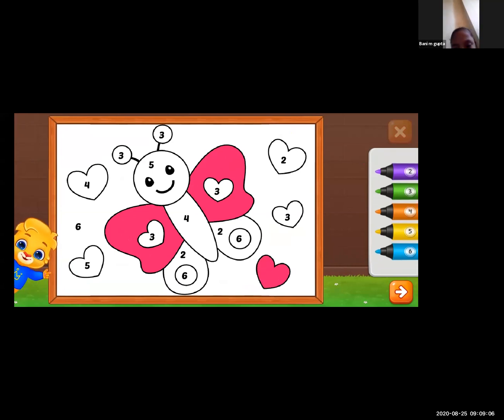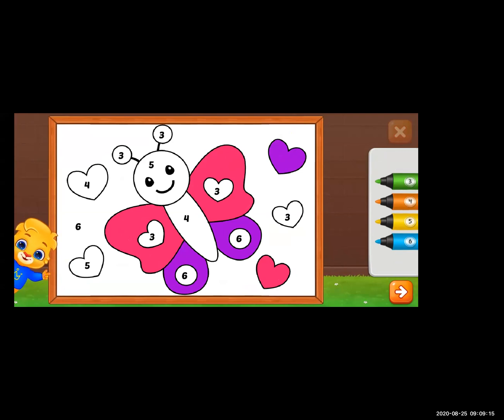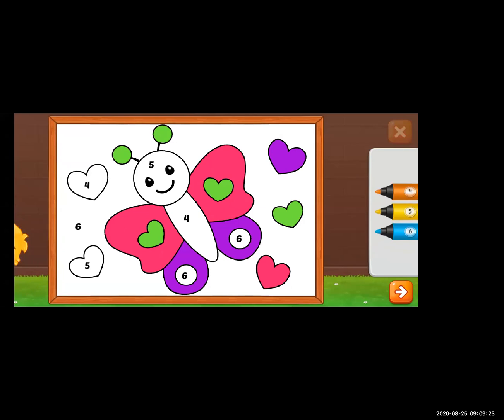Yes. Now select the second number and click on the two number. Okay. See, purple color. Now select the three number and click on the three. See, green color. Now select the fourth number, that is orange color, and click on the fourth.